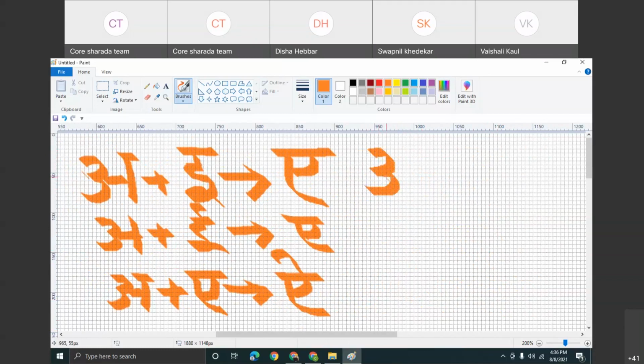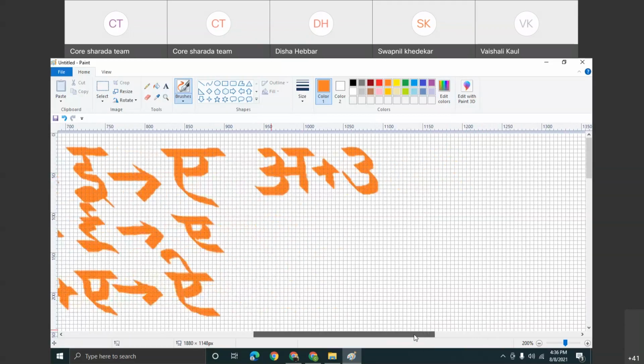So it is like this. A plus U, which was the energy of knowledge, right? The knowledge, when it is combined with the consciousness, it becomes O. I'm not writing in Sharda, just for illustration, just for students to know this.